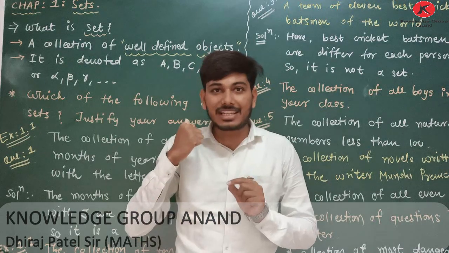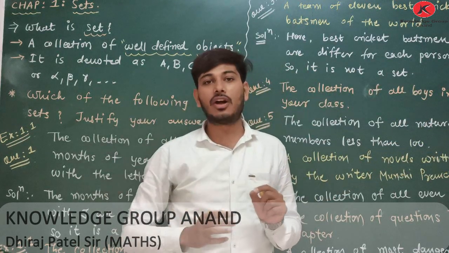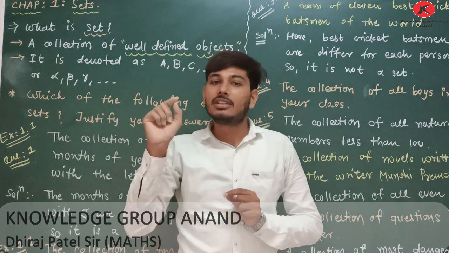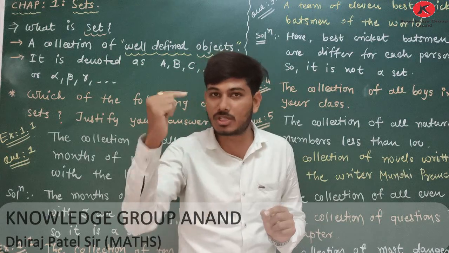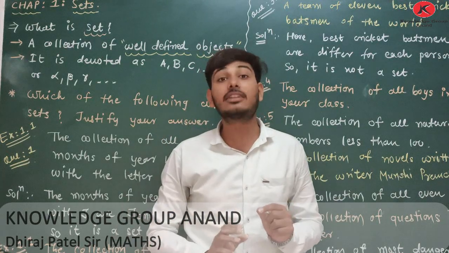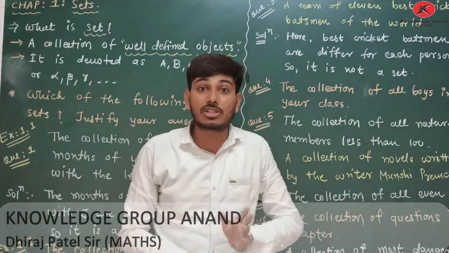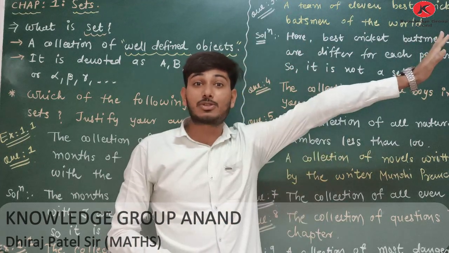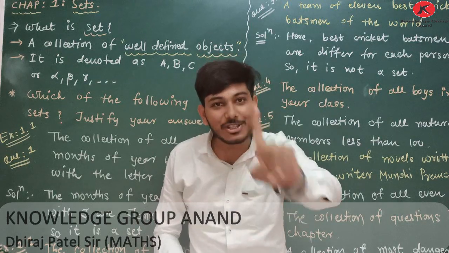Okay, if I am asking this question to different persons, the answer will be the same: January, June and July. If I am asking you, you will also say January, June and July. If I am asking any prime minister of any country, the answer will be January, June and July.